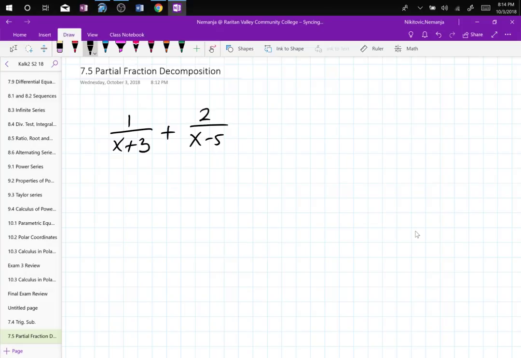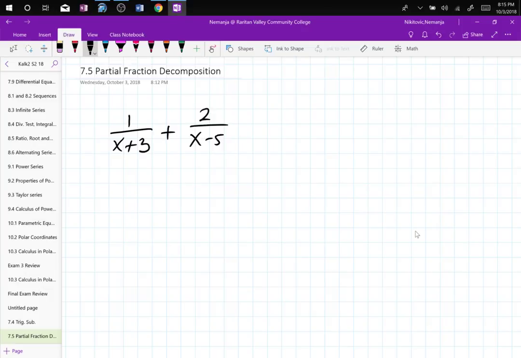So, what do I get when I add this? Now, this is your elementary algebra, algebra 1. You are supposed to find a common denominator, cross multiply for numerators, and then add like terms.